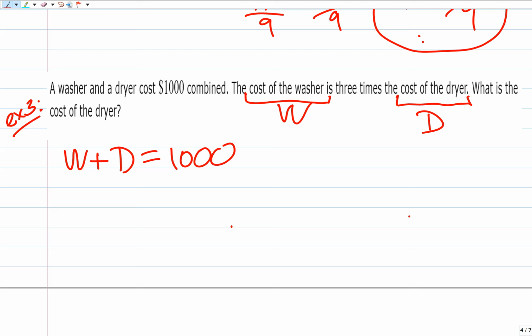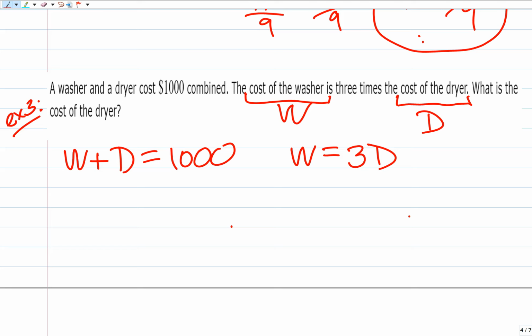Okay. Our second statement says the washer is, help me translate that, W, good, 3 times the cost of the dryer. There we go. So what I can do when they do this basically is I can replace, I can substitute.